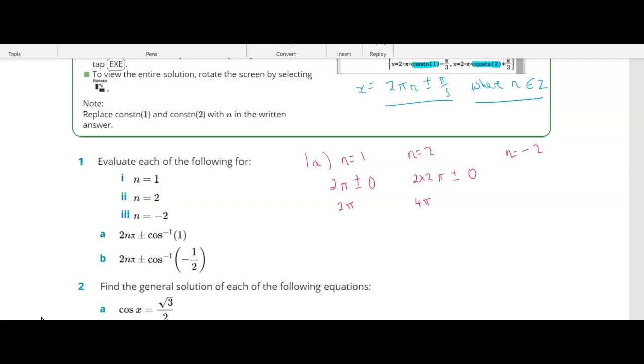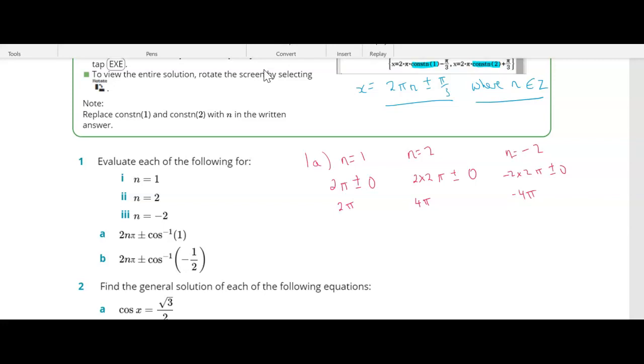So this time we're going to have negative 2 times 2 pi plus or minus 0 again, because we're doing inverse cos of 1, which is 0. So that's going to be negative 4 pi. So basically it's showing all the different solutions for that.